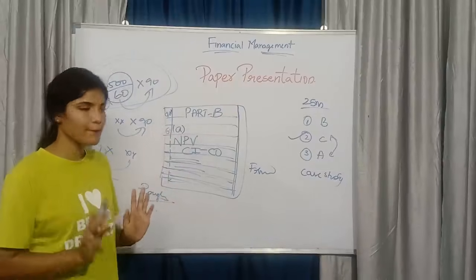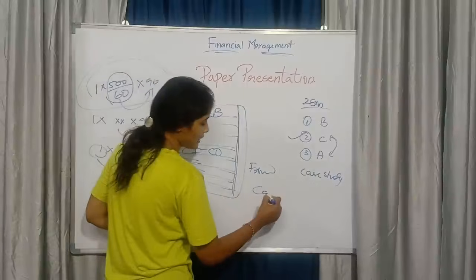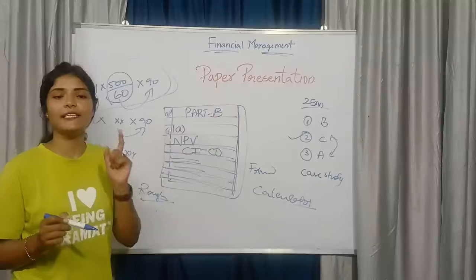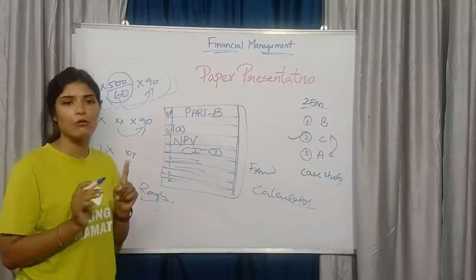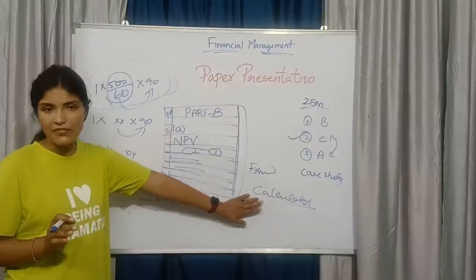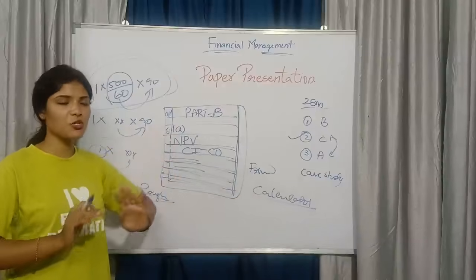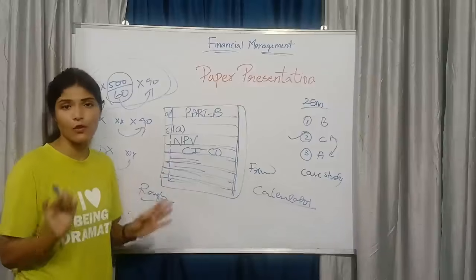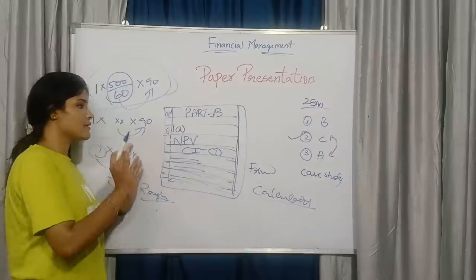Specifically take your calculator. Scientific calculators are not allowed in some centers, and you have no requirement for them; they will not allow them also. Only with the help of a simple calculator do the calculation.